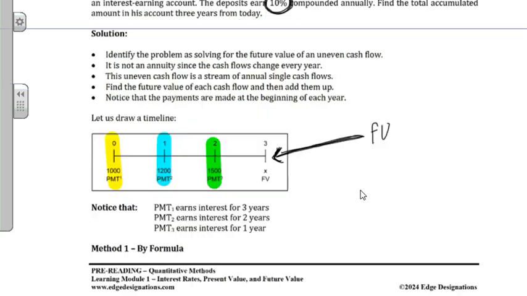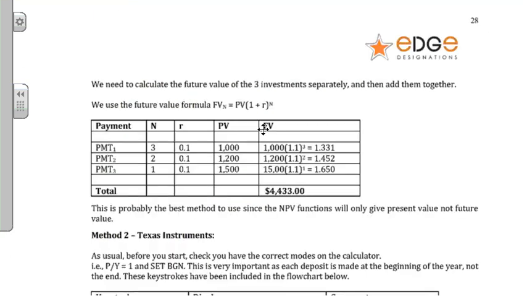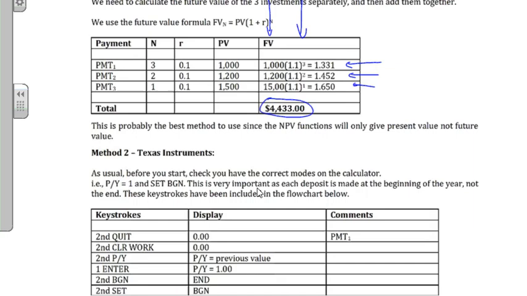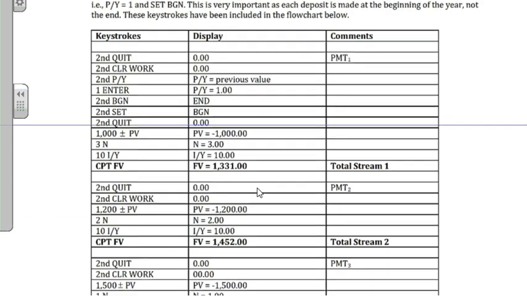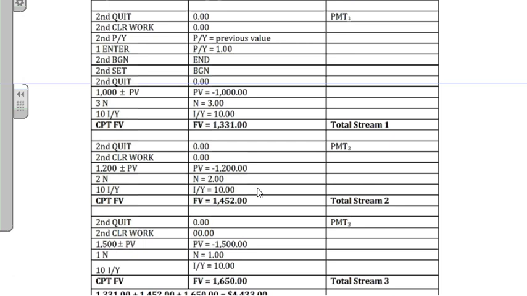Okay, everyone comfortable? Now the challenge over here, guys, is that you can only use method 1 or method number 2 over here. Method number 1 is a completely manual method. I've got to go and calculate future values for every year, and I calculate those future values and I get to 4433. Or I can use my calculator again, still fairly manual.